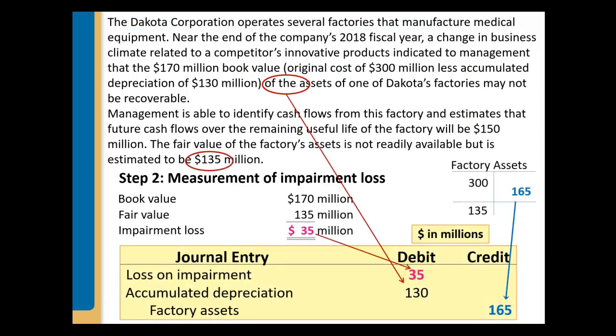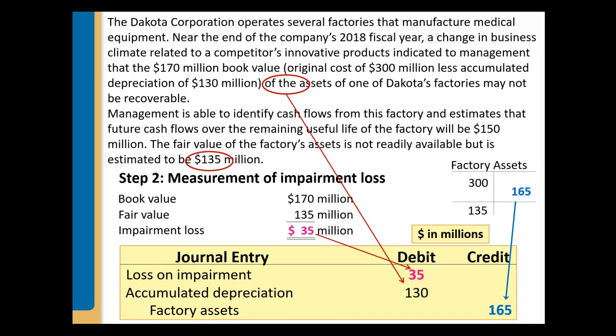Now, step 2 is the measurement of the impairment loss. The impairment loss is $35 million, determined here. The entry to record the loss is shown on this slide.